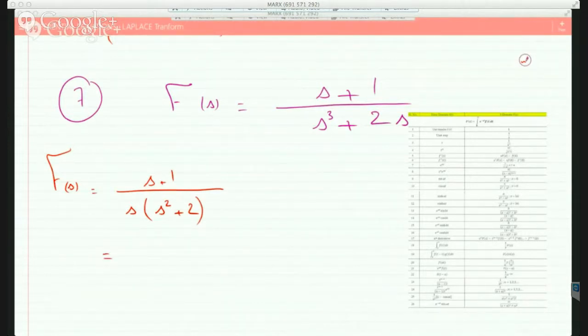So you'd have to split it to A over s, if you remember from pre-calculus or calculus 2, whatever. And then this here will be an s squared plus 2. If you remember, in this case, the numerator has to lag 1 degree behind the denominator. So if now it's an s squared, here you need a bs plus c.